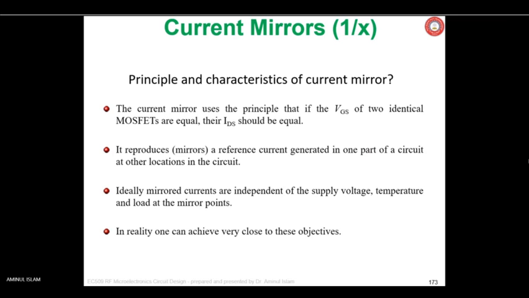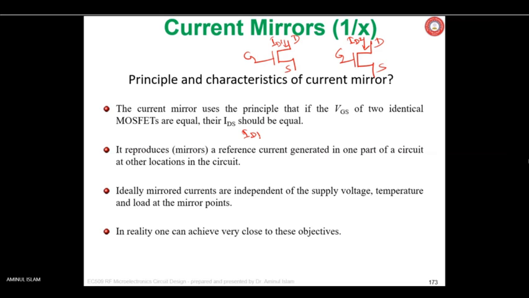The current mirror uses the principle that if the VGS of two identical MOSFETs are equal, their IDS should be equal. Any two MOSFETs, for example, one MOSFET here and another here, each with drain, gate, and source. Let me call the currents ID1 and ID2.